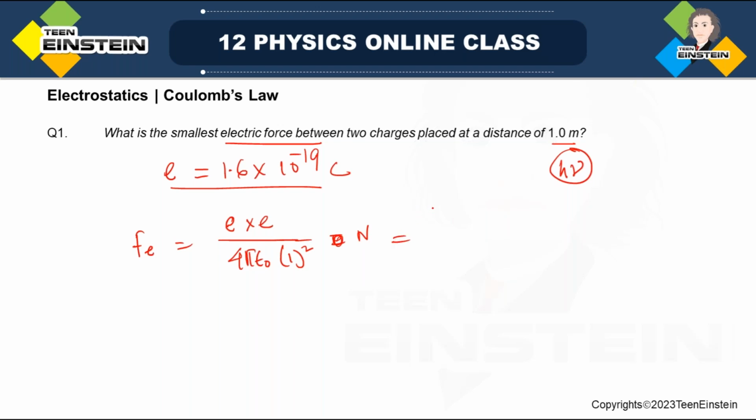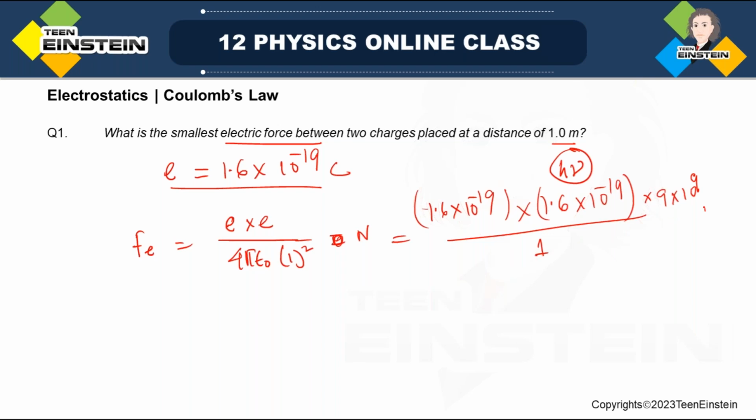Let me write 1.6 into 10 to the power minus 19 whole square, and also 1 by 4 pi epsilon naught, which we write approximately as 9 into 10 to the power 9. And 1 meter anyway, in the denominator there will be 1, that doesn't matter much.